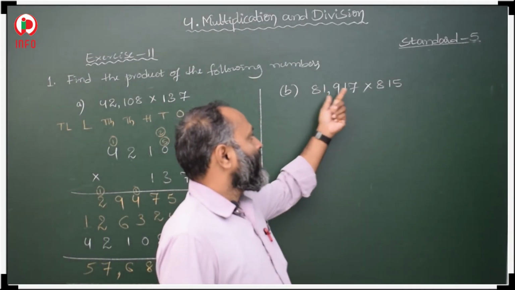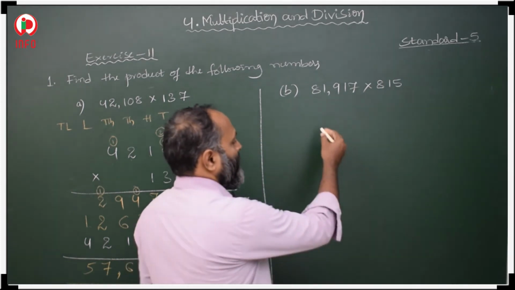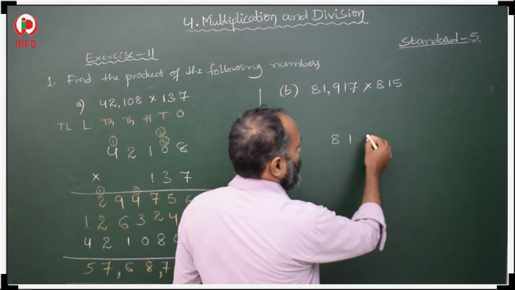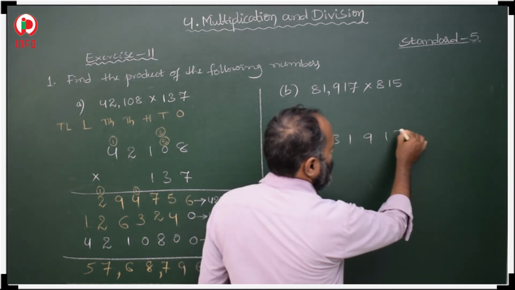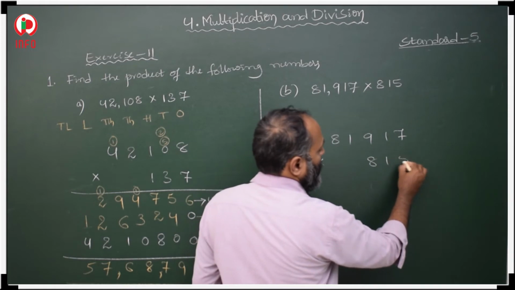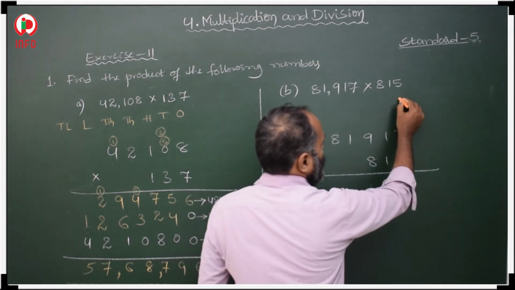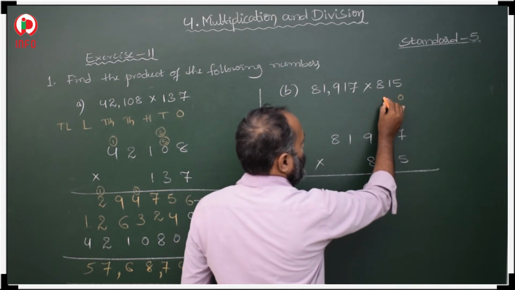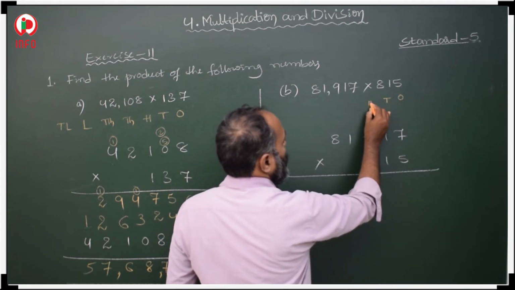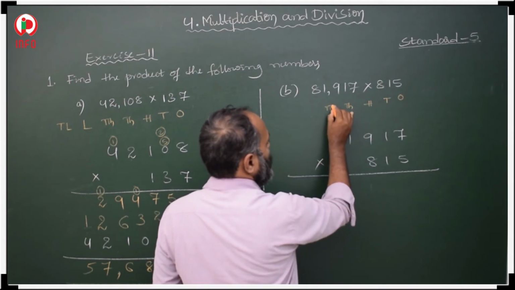Now 81,917 we have to multiply with 815. So now you take the 5-digit number. 81,917 we have to multiply with 815. Now this is in the ones place, tens place, hundreds place, this is the thousands place, this is the 10,000s place.